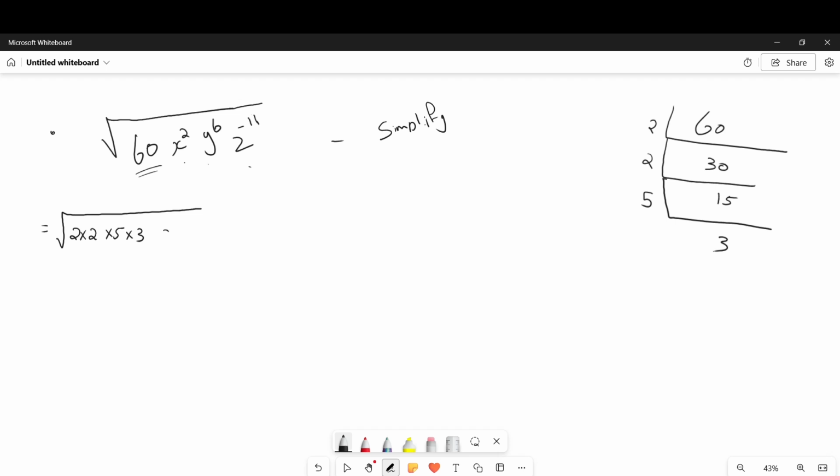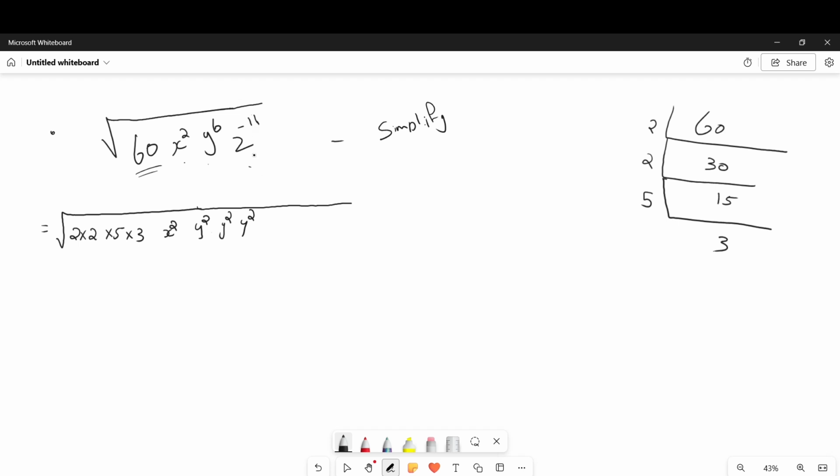We can write x squared, and y to the power 6 can be split into 3 parts: y squared times y squared times y squared. Why am I doing this? I want to make the perfect squares come out. As per the product rule of exponents, y squared times y squared times y squared is y raised to 2 plus 2 plus 2, which is 6. Then there's z raised to minus 11.